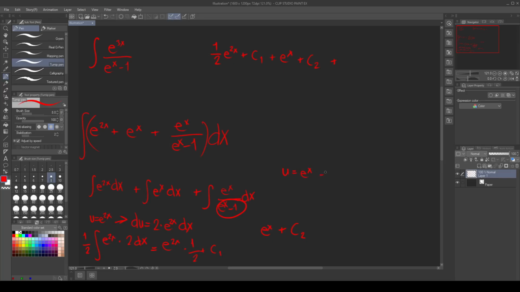If that's true, then our du should be the same as e to the x dx. Isn't that right? So let's rewrite this integral. So we've got the integral of 1 over u du. We can write that because our du is literally just right here. It's just e to the x multiplied by dx, which is the same thing here.